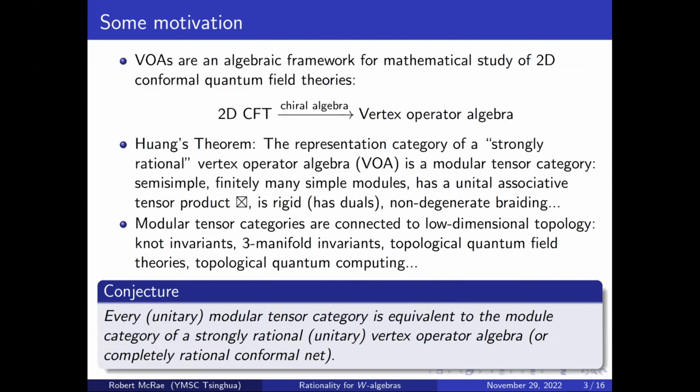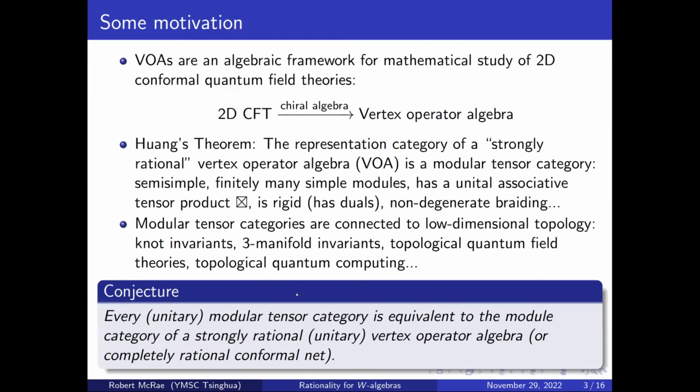And in fact, there's a conjecture, a kind of converse to this, that every modular tensor category is equivalent to the module category of a strongly rational vertex operator algebra. If you want, you can add extra structure such as unitarity. You might also ask whether every unitary modular category is the module category of a unitary VOA.